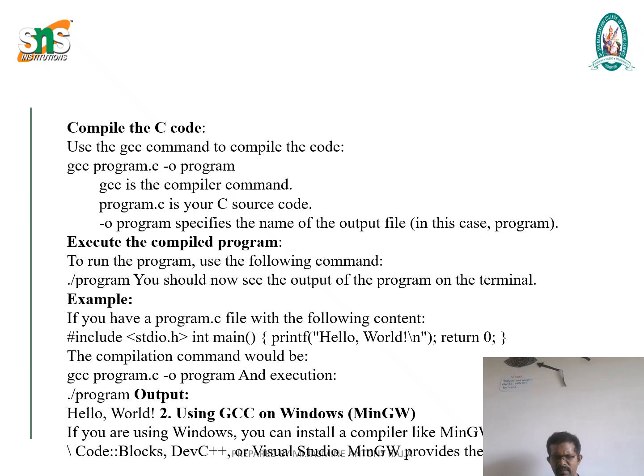We close the bracket, semicolon, return 0. After executing, whatever we have given inside will be displayed, so this hello world line will be displayed.